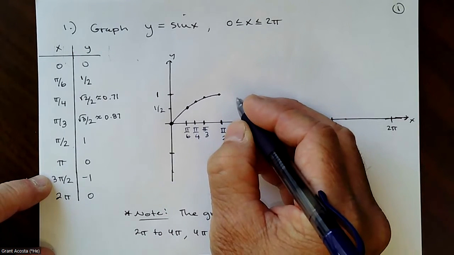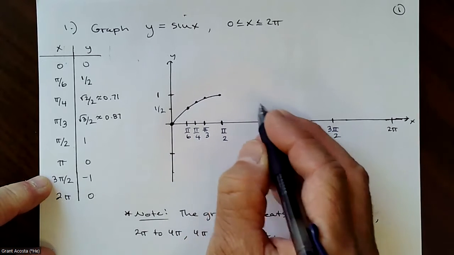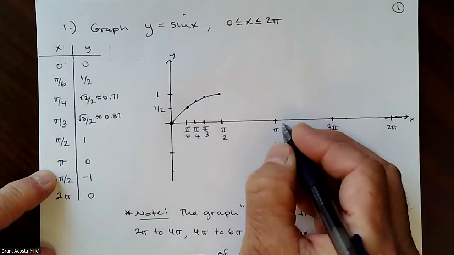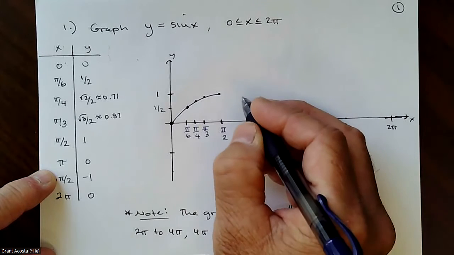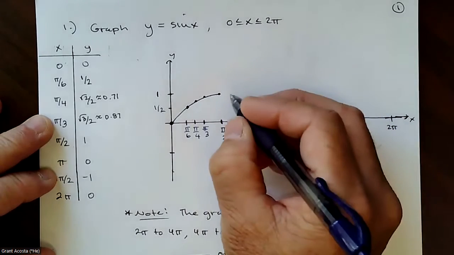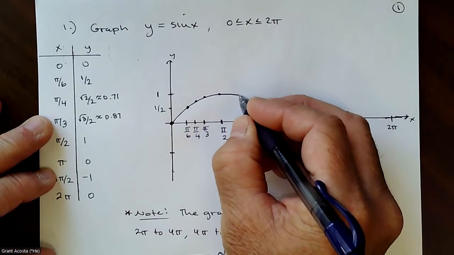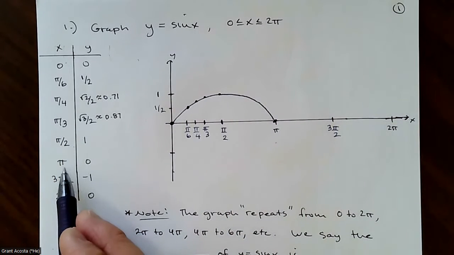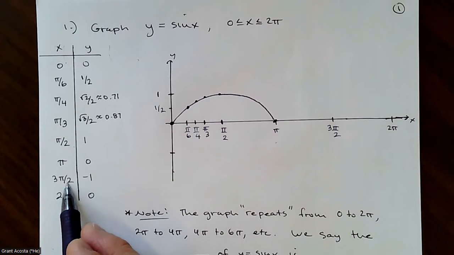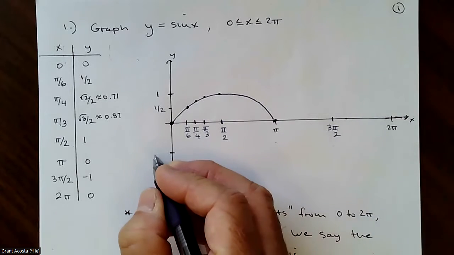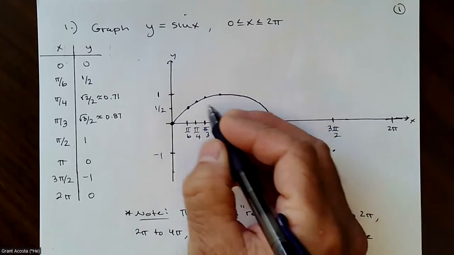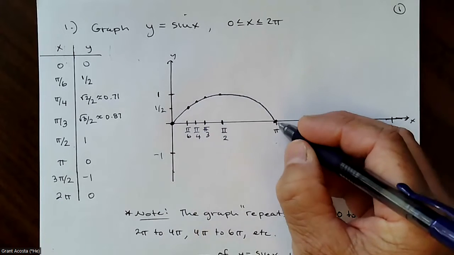What you're going to find is you get the same kind of curvature as the graph goes down. By the time I'm at pi, the sine is back to 0, and it's going to look identical. So this will curve down, go through 0. From pi to 3 pi over 2, the value of sine goes to -1. Same thing, it's going to curve in the same way it curved in the first quadrant.